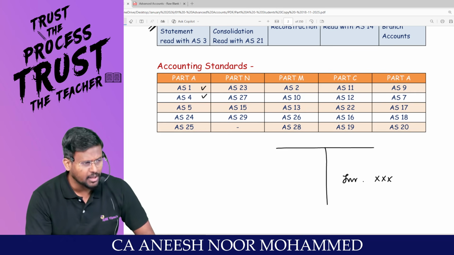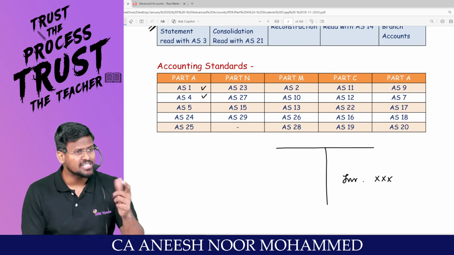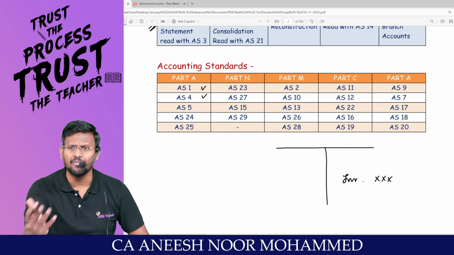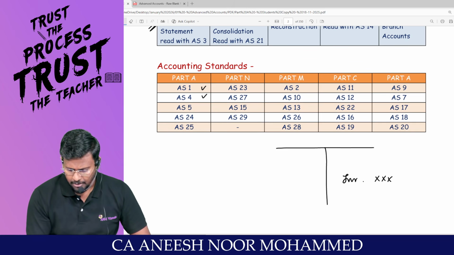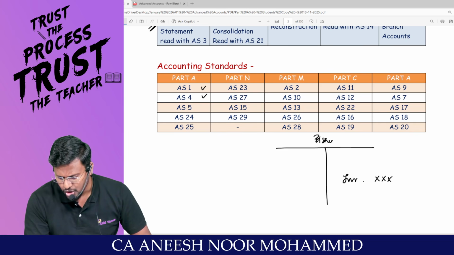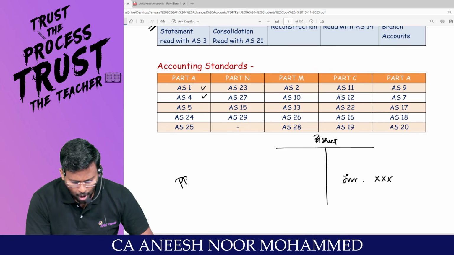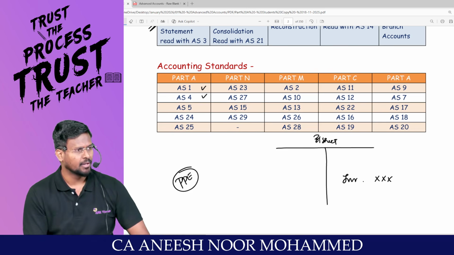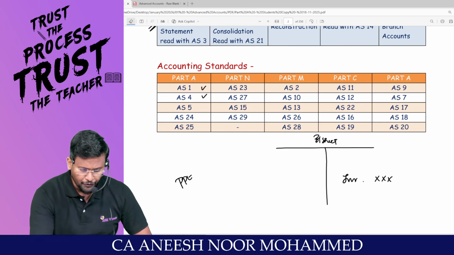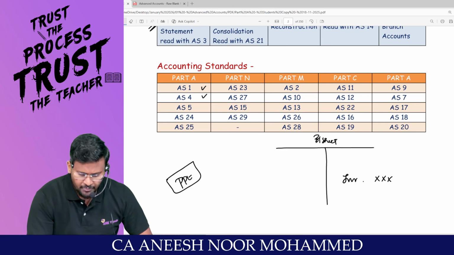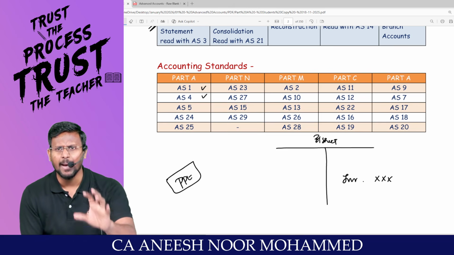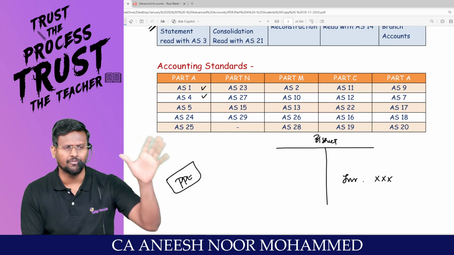AS 4 is talking about contingencies and events occurring after the balance sheet date. For example, when I am preparing the balance sheet on 31st of March, there will be some PPE, property, plant and equipment. My dear lovable students, on 15th of April, this PPE would have been damaged or destroyed because of a fire.